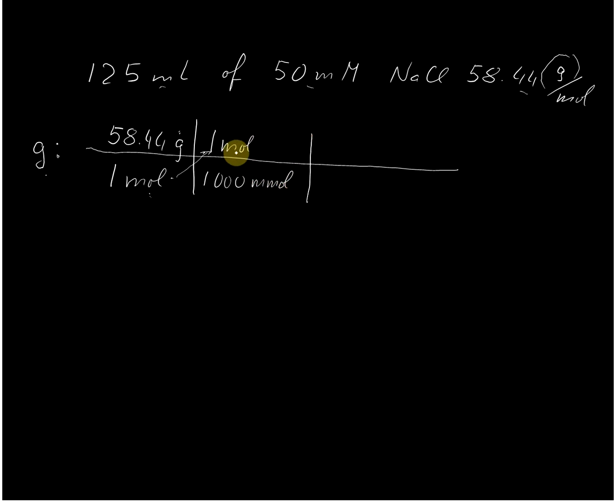Something like that. And we want to have a 50 millimolar solution. So this means 50 millimole per liter. Now we've got a millimole down here, so we would like to have the millimole up here. So we have 50 millimole in 1 liter.